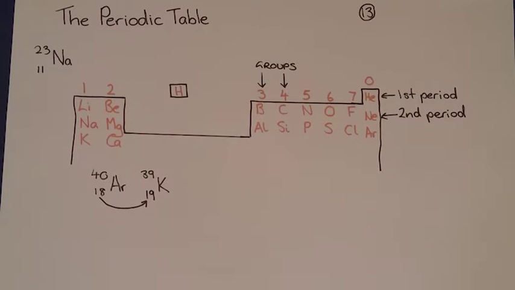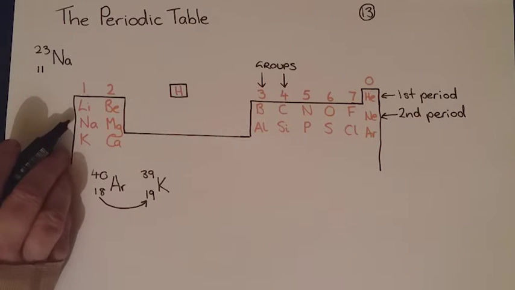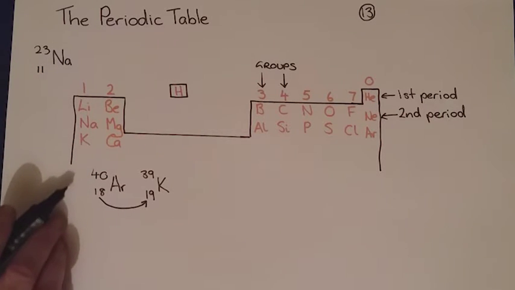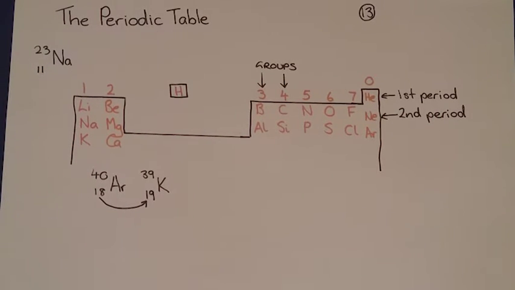The reason the table is called the periodic table is because elements with similar properties occur at regular intervals, and we can use this to predict the probable reactivity of elements. So, for example, we know that sodium reacts violently with water, therefore we will be able to predict that all of the elements in group 1 will react violently with water.